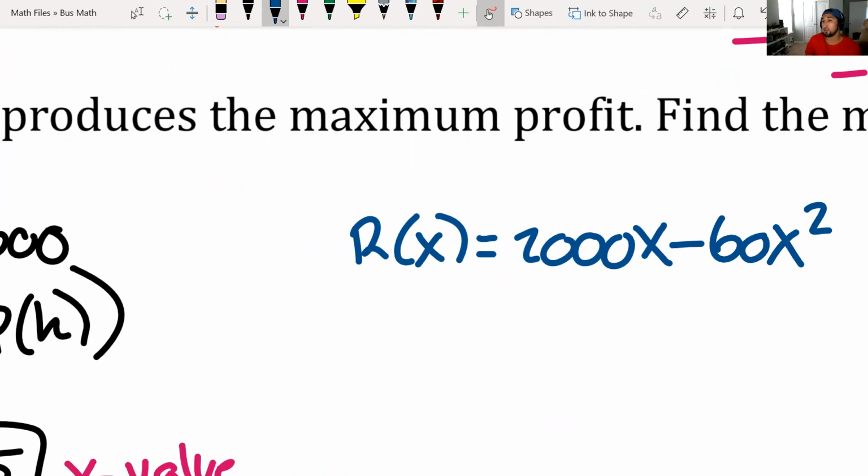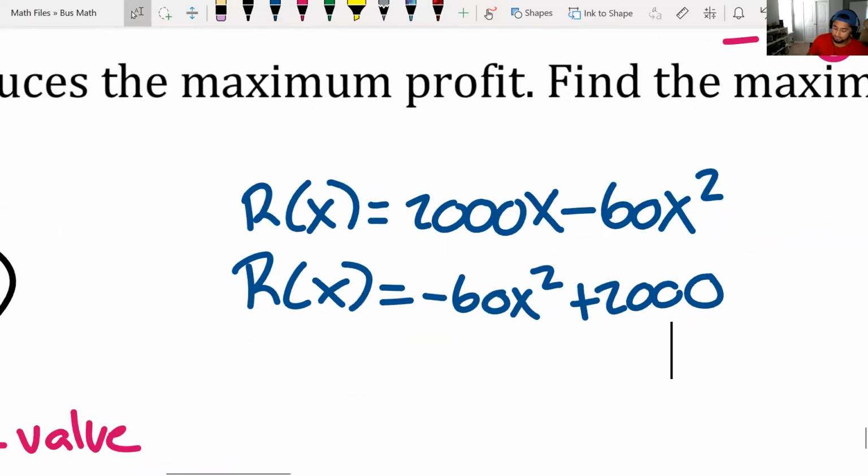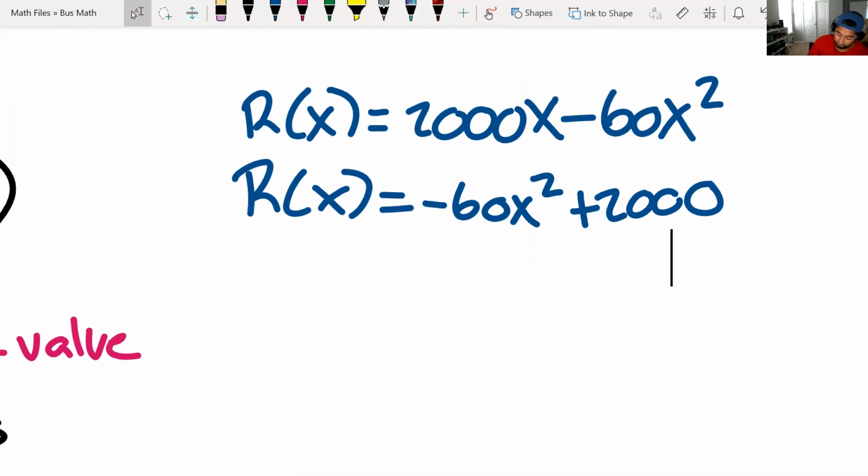Which I'll rewrite so it's in its proper form. And let's find h. Oh yeah, so this is a and that's b, right? Don't forget your x's.